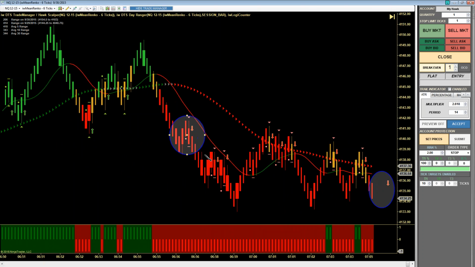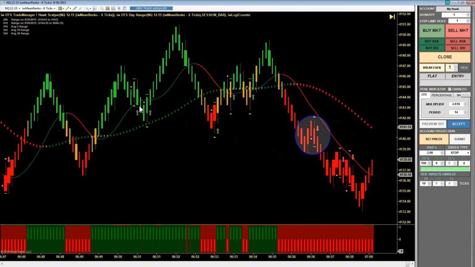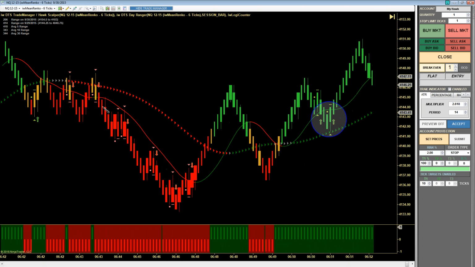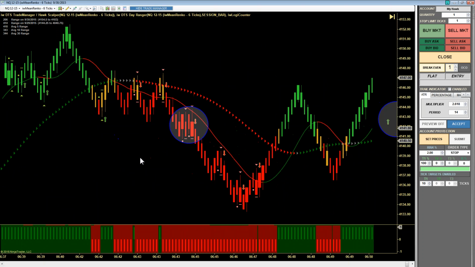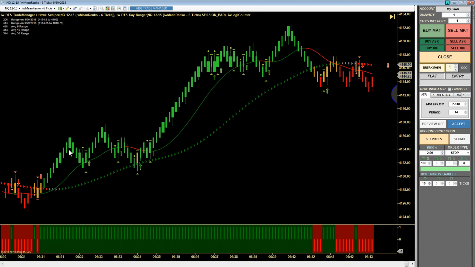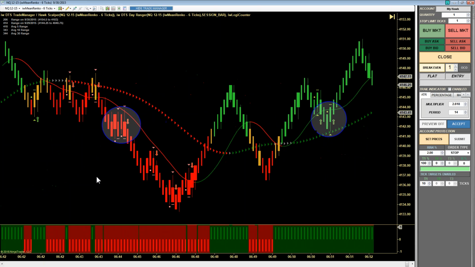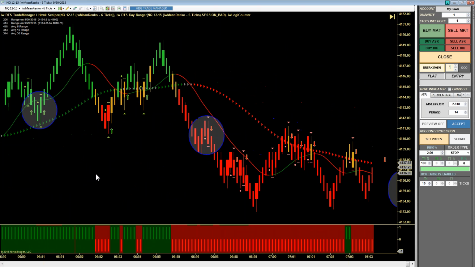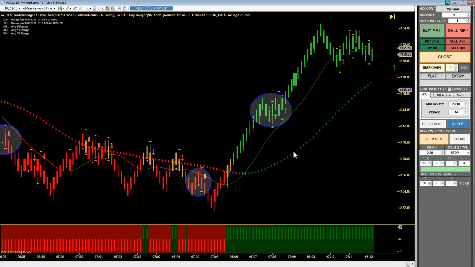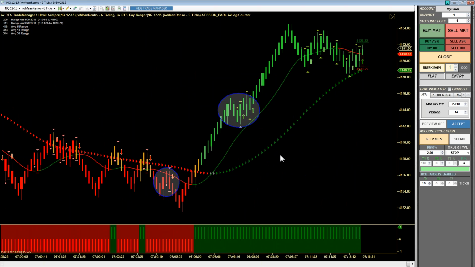Okay, so there's a couple first micro macro crosses. Here's another first micro macro cross. That one had some nice follow through to it. Here's the first micro macro cross. I believe we took both of those right there. Here's another first micro macro cross. This is a macro pullback, first micro macro cross right here, just out of the open. So we had 1, 2, 3, 4. This one was break even, 5 and 6 signals this morning already, all first micro macro cross signals.